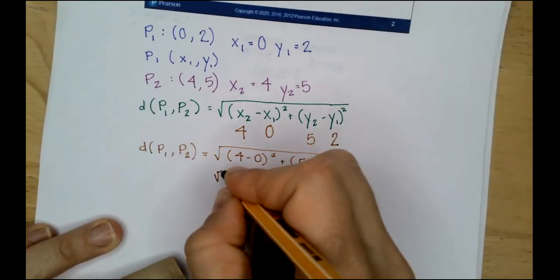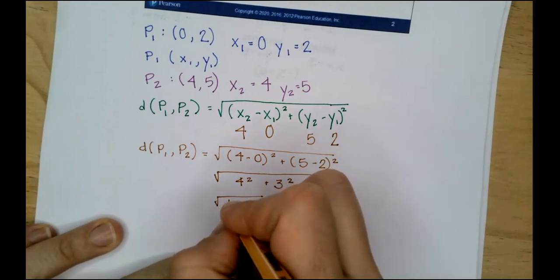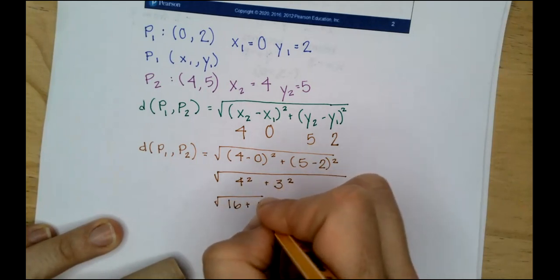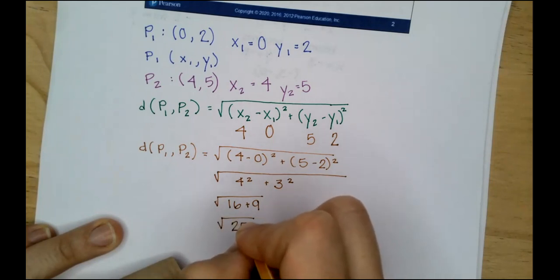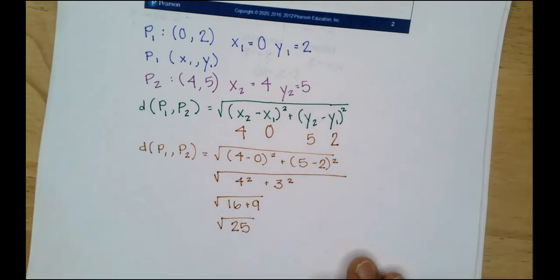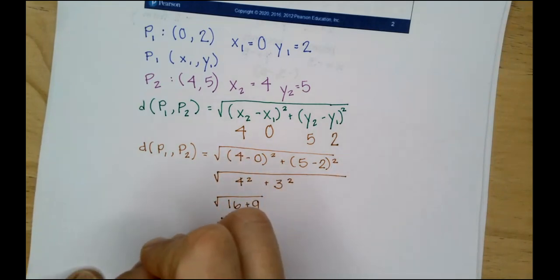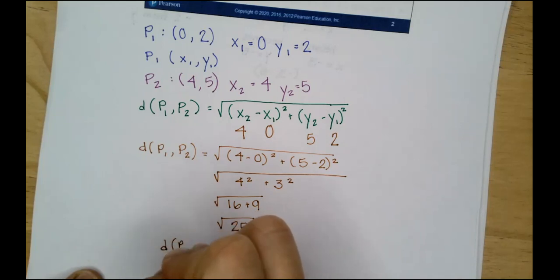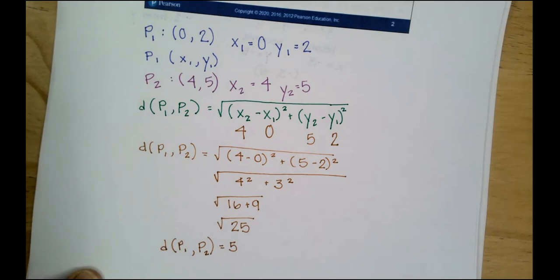I'm going to do the squares before and then I'm going to add, and then I'm going to take the square root. So 4 squared is 16, and 3 squared is 9. 16 and 9 is 25, right? And the square root of 25 we know is 5. So we're going to say the distance between point 1 and point 2 is 5.